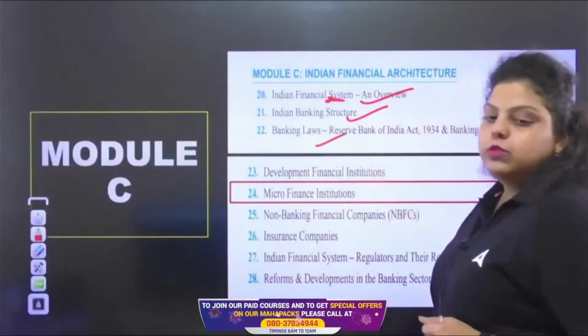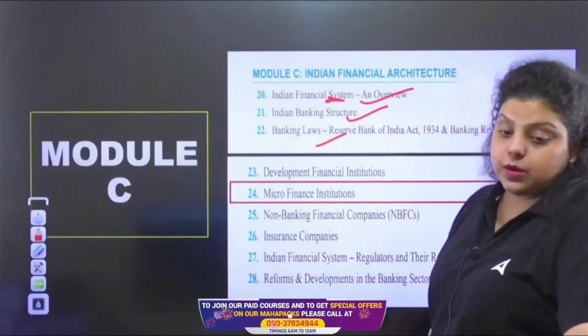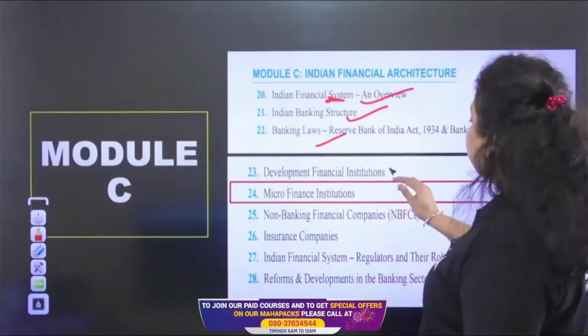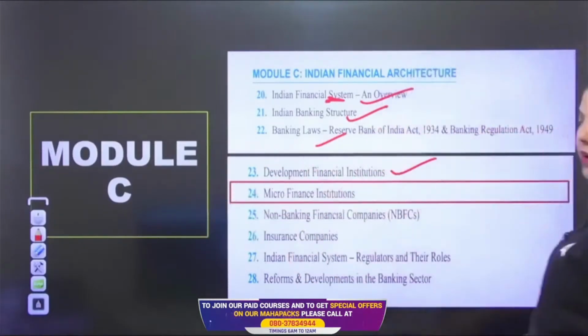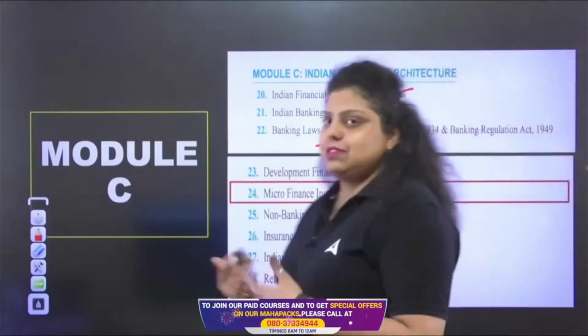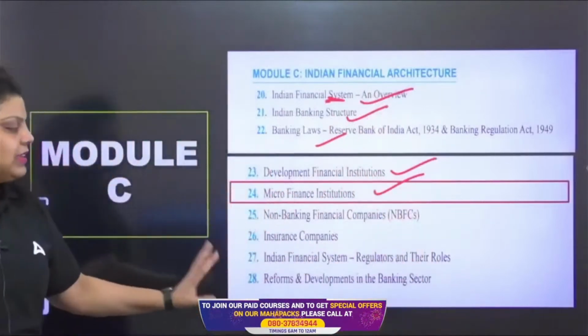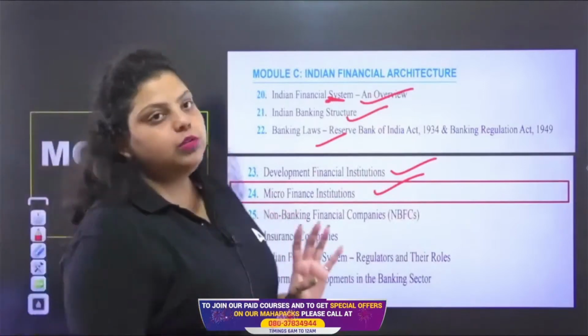Then banking laws help define what kind of services banks can provide and under what guidelines. Then development financial institutions do the same as mediators, transferring funds to a particular sector of the economy to develop it. Microfinance institutions, NBFCs and insurance companies do the same. The regulators, RBI, SEBI, PFRDA and IRDA, also work for the same thing.